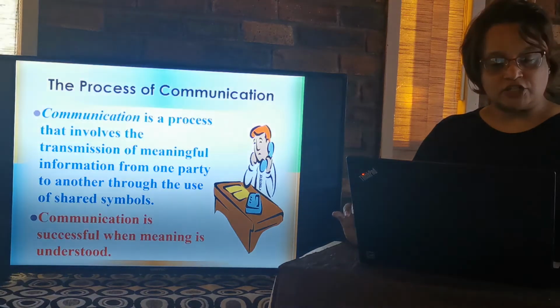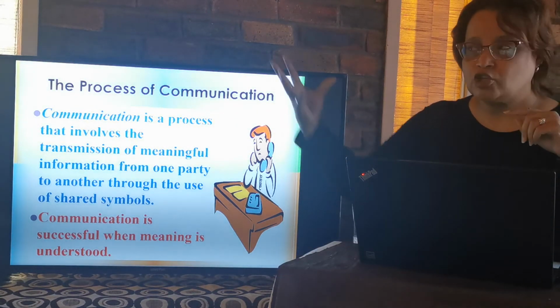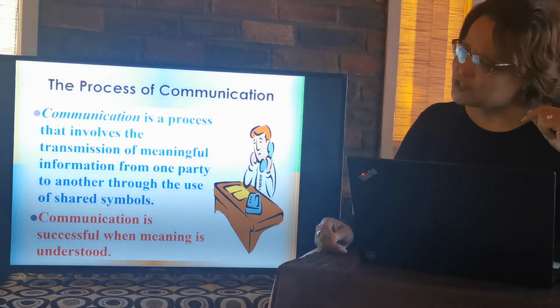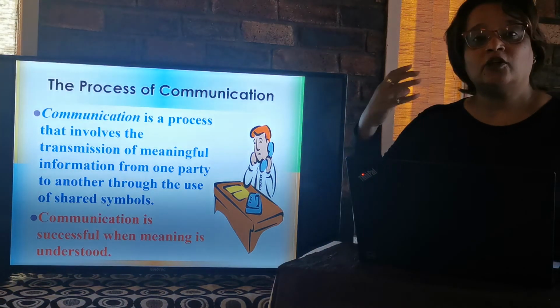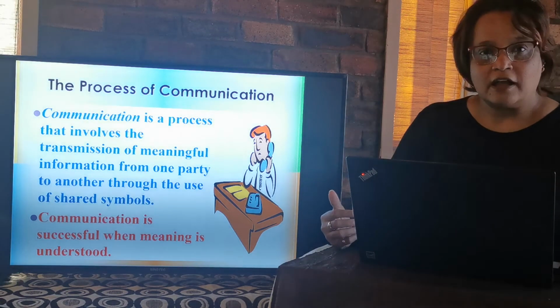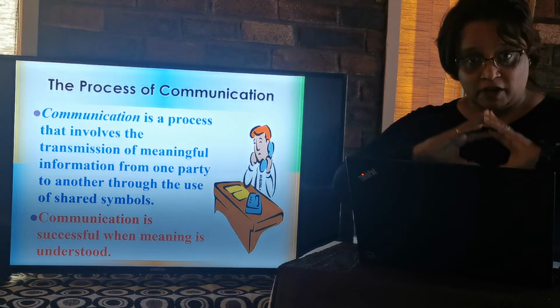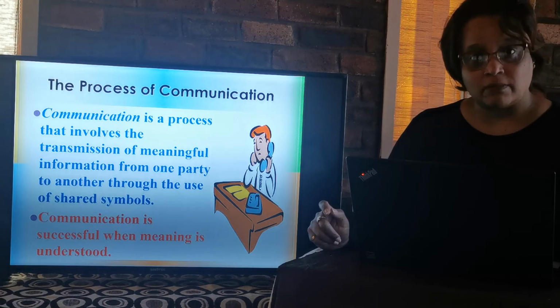And that communication is successful when meaning is understood. So you can jumble, and the recipient says, what did you say? Was it meaningful? Definitely not. So when you transmit information, the communication has been successful when the information becomes meaningful.